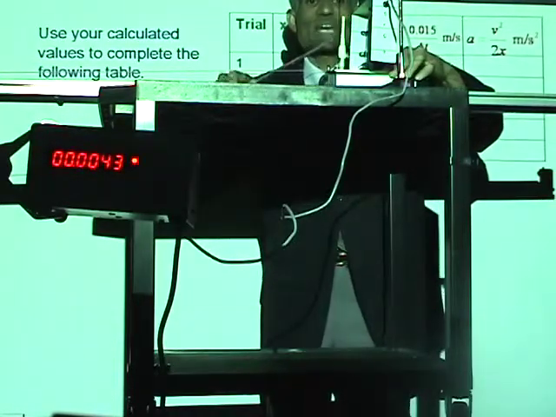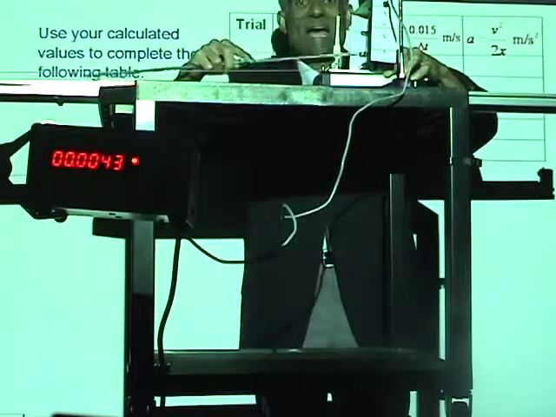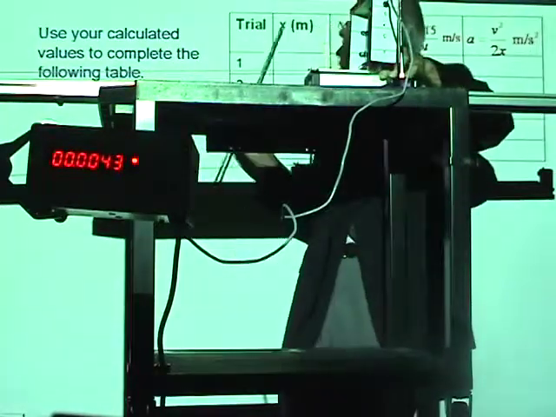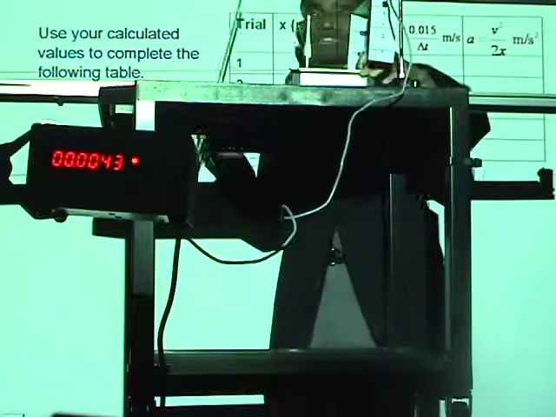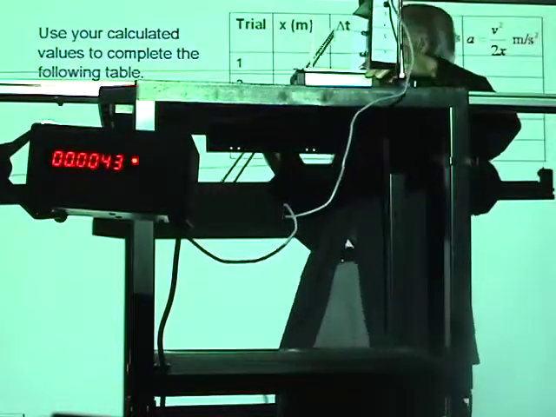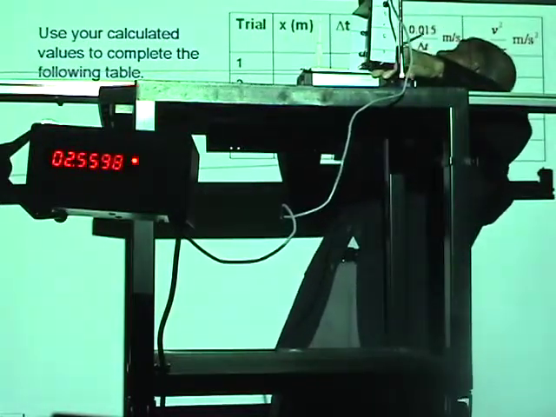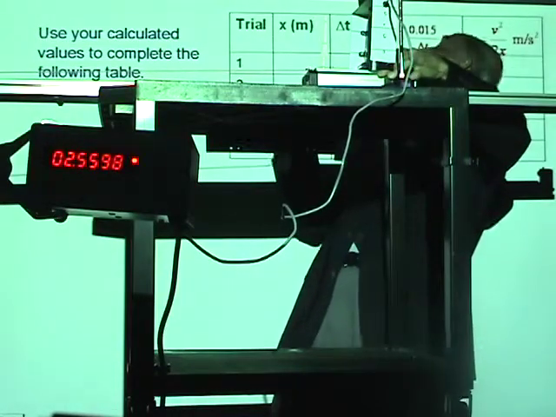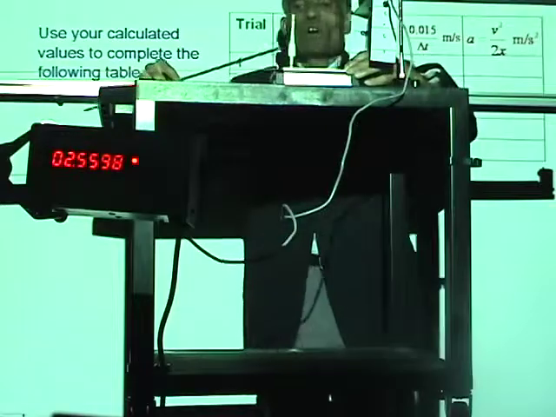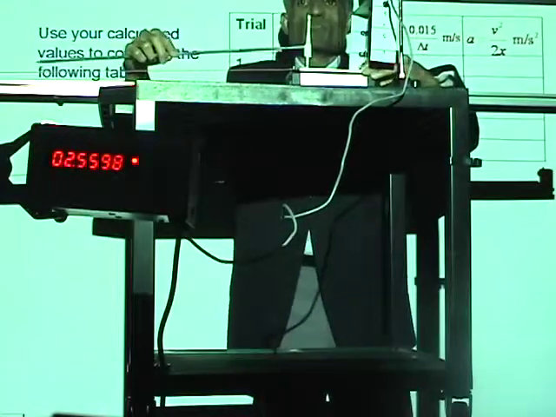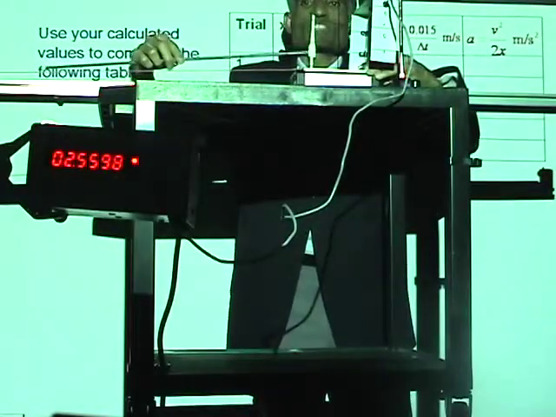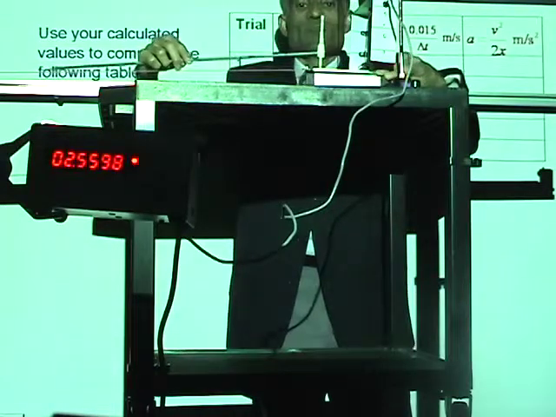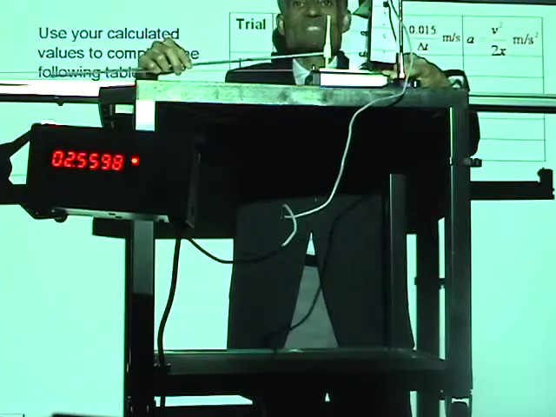And I will measure the time taken for the car to pass the photo gate by using this equation. If you can see behind my head, v equal to 0.015 divided by delta t. Now 0.015 is the width of this little stick, and delta t is the time taken by this stick to block the light.